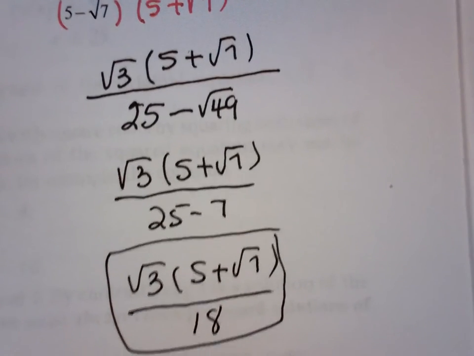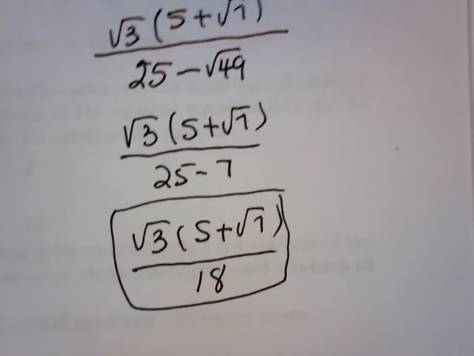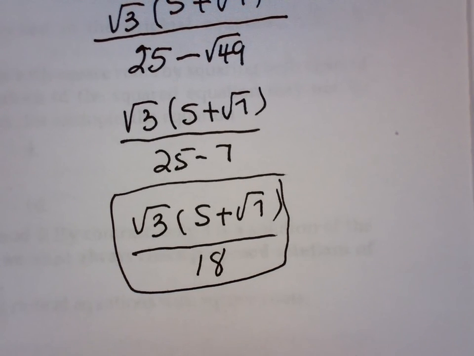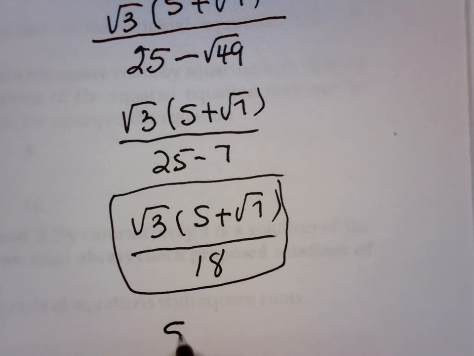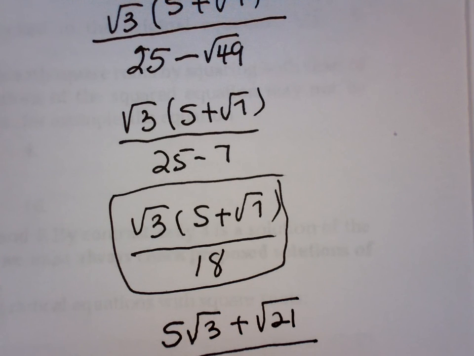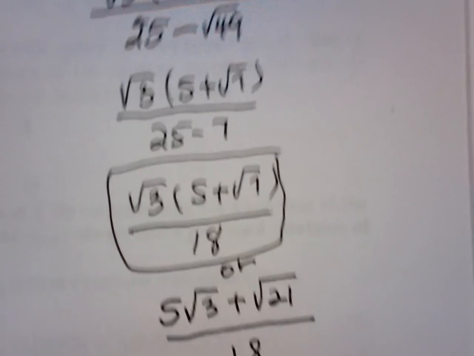Now, if you really have to, and some of you just can't resist it, multiply through. This would be 5 square roots of 3 plus the square root of 21 all over 18. So that's your "or" answer.